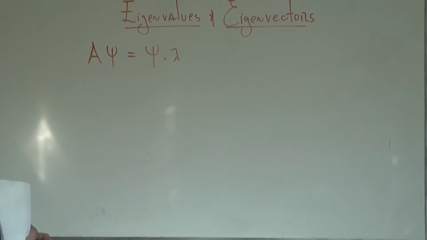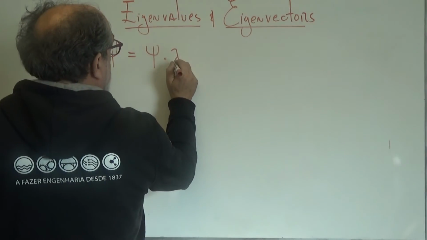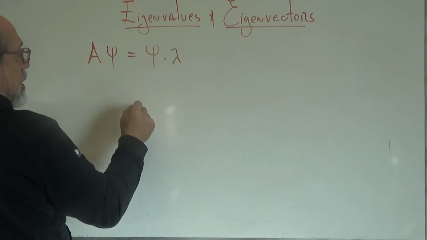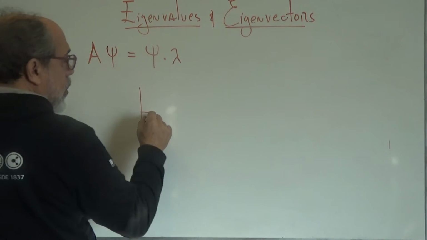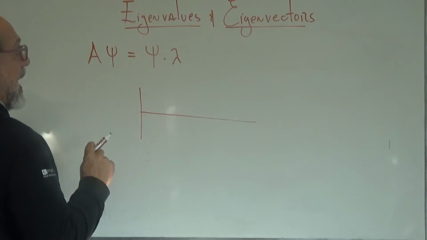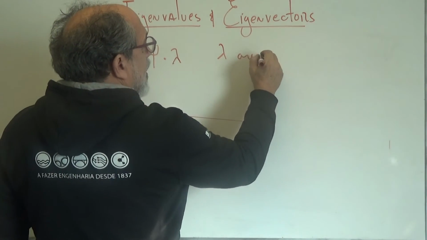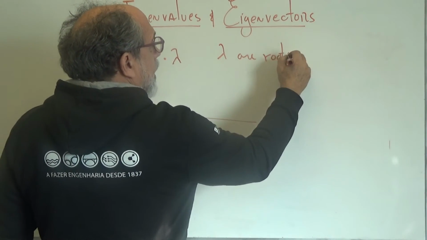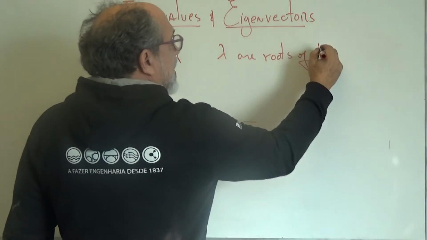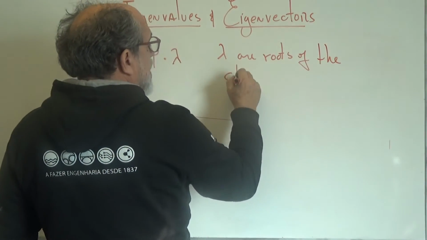what do we mean? Well, it's perhaps easier to show by recognizing that eigenvalues are roots of the characteristic polynomial.